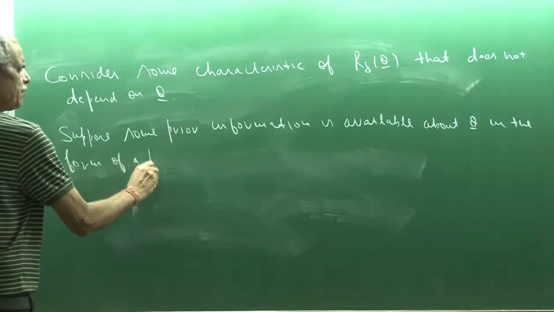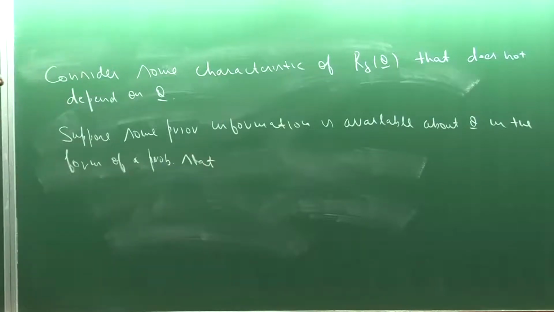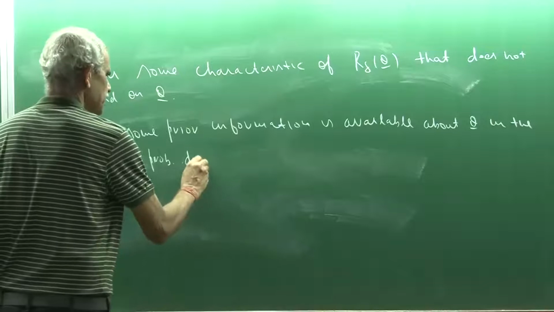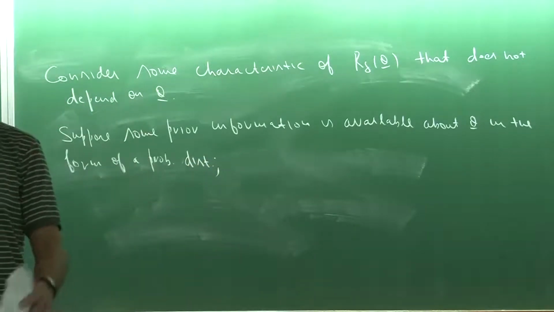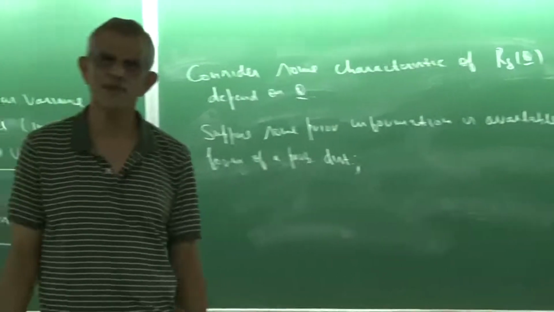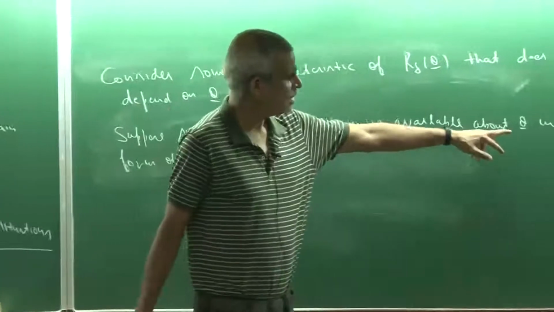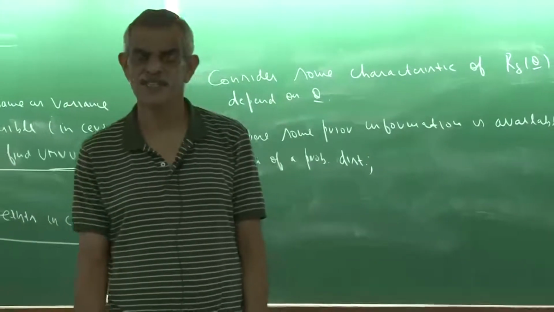a probability distribution, because you had information about the state of nature. Making histograms and so on, you try to quantify that information in terms of a probability distribution. Or in other words, this true state of nature theta is considered as a realization of some random variable.